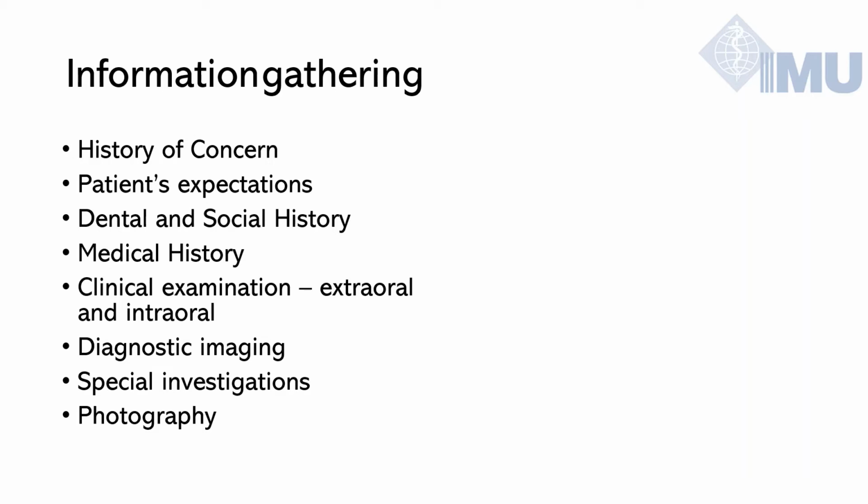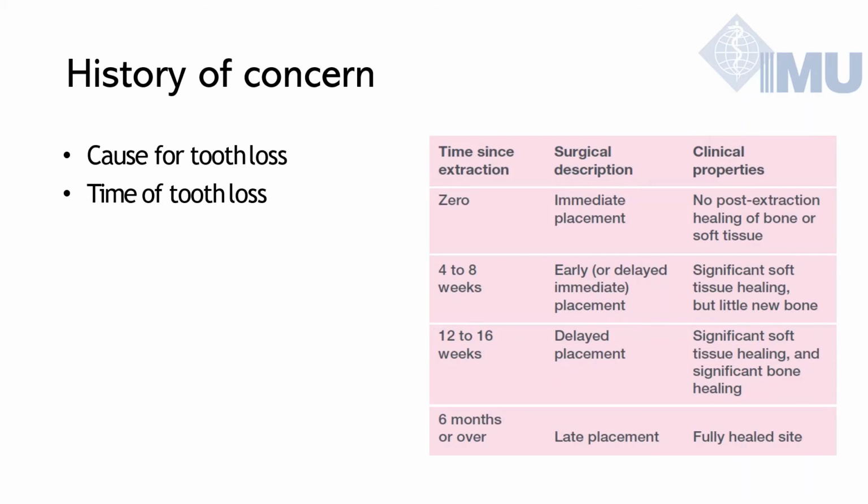Information gathering is usually a typical case history where you need to understand the patient's expectations. Dental and social history, medical history, clinical examination, extraoral and intraoral diagnostic imaging, and special investigations, usually CBCT for implant restorations, and then photographic and radiographic records to maintain.